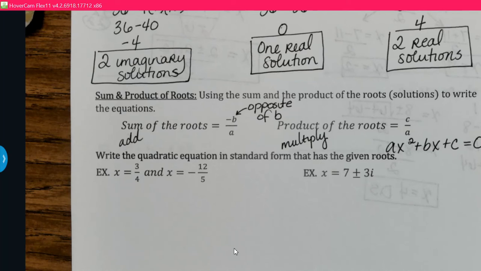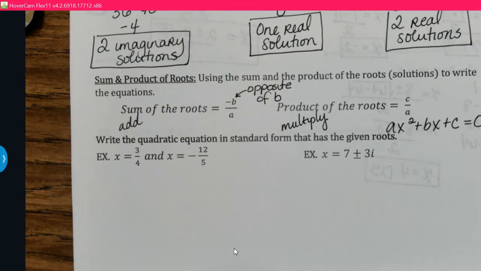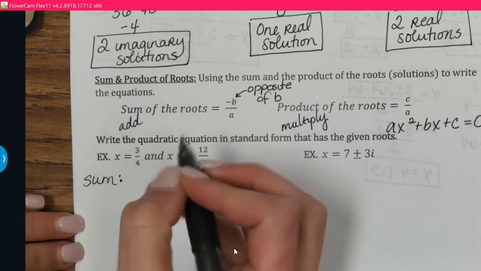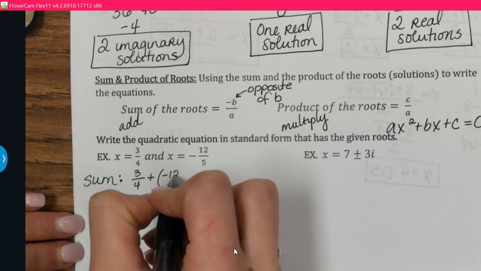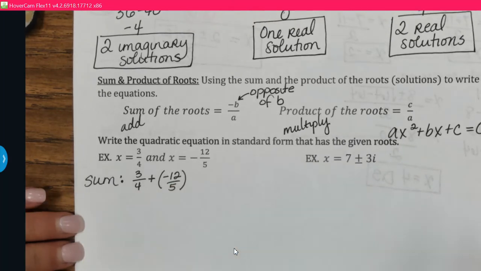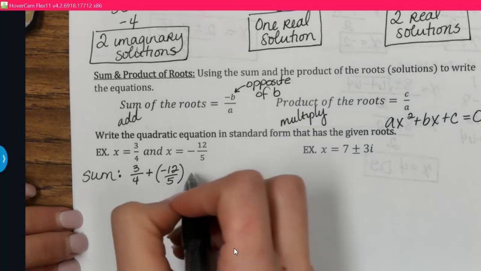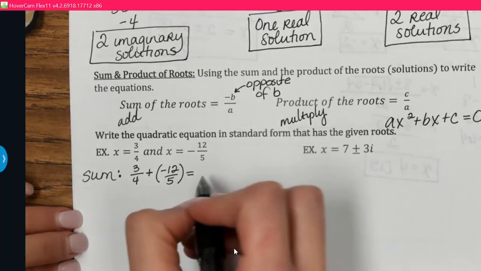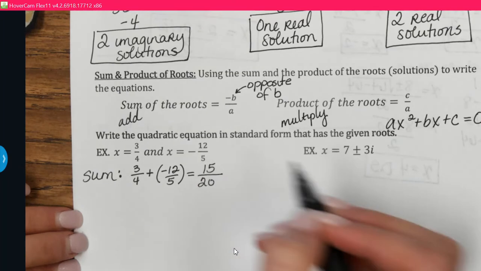Okay? So for this first example, I've got 3/4 for one solution and negative 12/5 for the second solution. So if I'm taking the sum, I'm taking 3/4 plus that negative 12/5. Well, those don't have common denominators. My common denominator should be 20, so 3/4 would be 15/20.